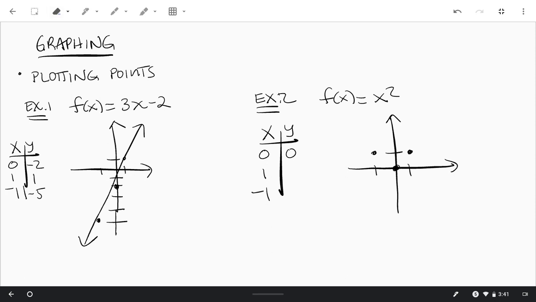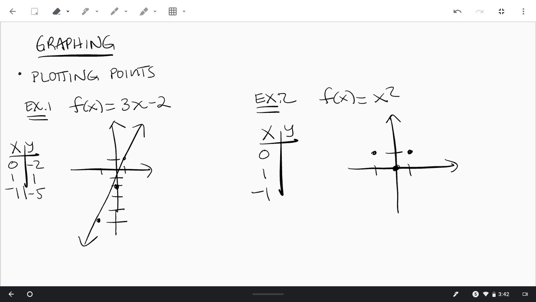Okay. So if you're wondering how I got this table, let me erase these. So I got the table. You can choose random numbers for x. Okay, 0, 1, negative 1 is a nice set of numbers to choose because you get 0, that's easy. 1 is easy, and then negative 1 kind of represents the negative side. So 0, 1, negative 1 are all nice, easy numbers, and it's a good sample.